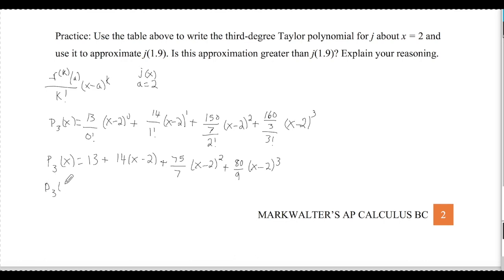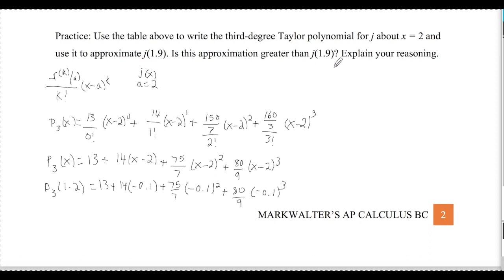So p sub 3 of 1.9 is 13 plus 14 times 1.9 minus 2, which is negative 0.1, plus 75 sevenths times 1.9 minus 2, negative 0.1, squared, plus 80 over 9, same thing, negative 0.1 cubed, whatever that gives us there.